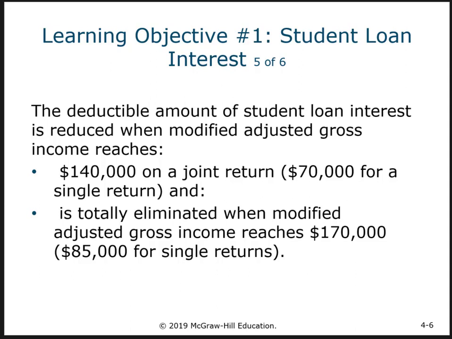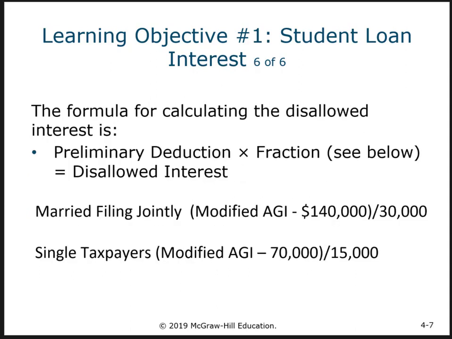If you're in between, then you take the deduction and multiply by the fraction: the amount you're over this threshold divided by 30,000. So if you're halfway through the two threshold amounts, if you're married filing jointly, remember it goes from 140 to 170, that's the 30,000.